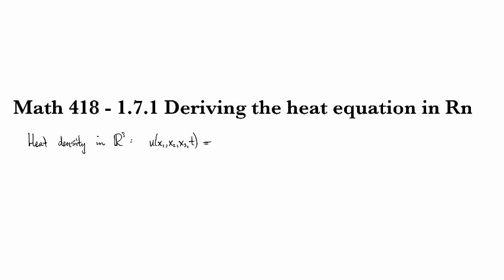So it's easier if we just take that spatial variable to be a vector. So x will be the vector x1, x2, x3, so that'll be our point in R3, and then we can just use the notation u of x, t to describe the unknown function.